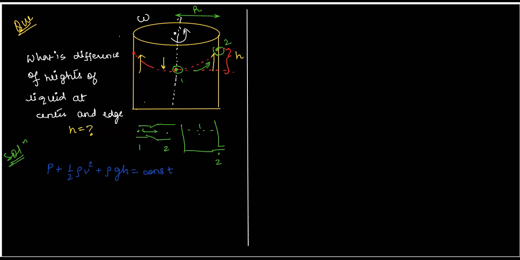See here, P1 plus half rho V1 square plus rho G H1 is equal to P2 plus half rho V2 square plus rho G H2. Can we write this?